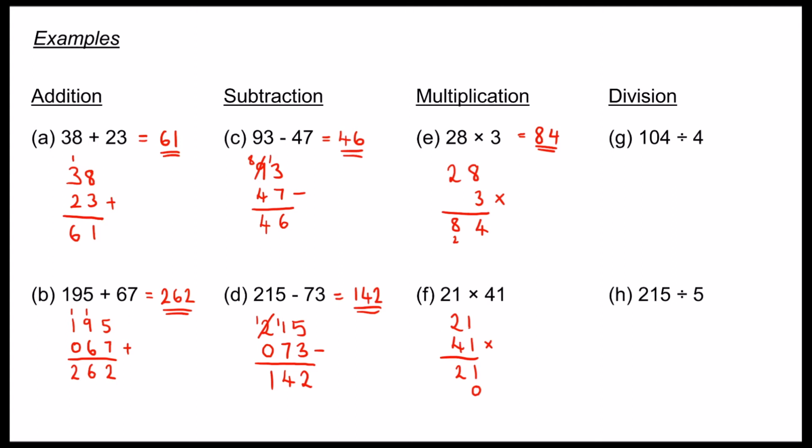So 4 times 1 is 4, 4 times 2 is 8, and they are my two answers. So now I need to add them together. 1 add 0 is 1, 2 add 4 is 6, and there's an 8 on its own, which gives us a final answer of 861.